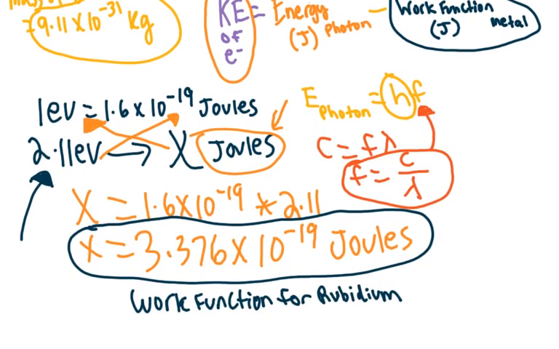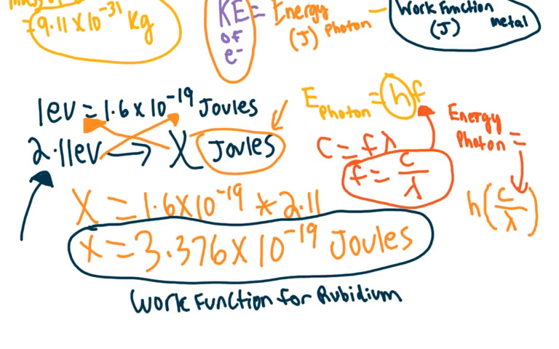So the energy of the photon is equal to Planck's constant times the speed of light over the wavelength.